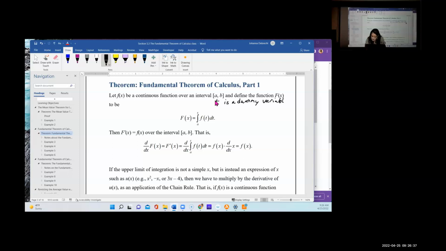The x is the primary variable, and I know it's the primary variable because it also shows up here inside the uppercase function f of x. The a is a constant.